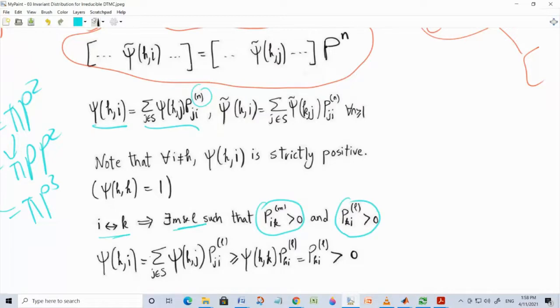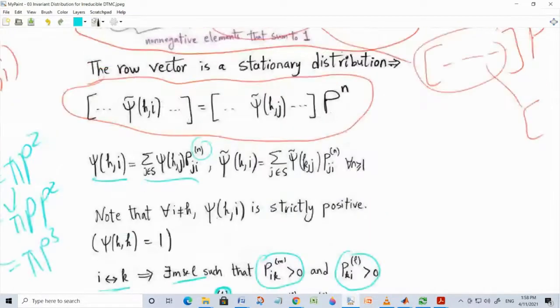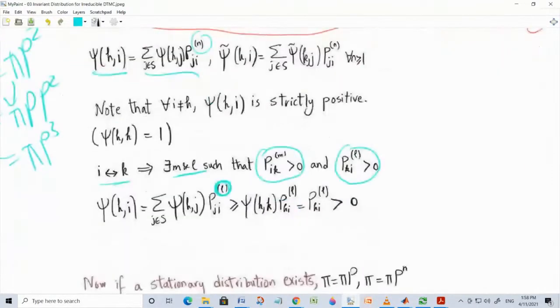Now, psi ki is equal to this summation here. Let's use l. You can use any natural number of your choice. I will use l. And this is a summation of non-negative terms, so the summation is lower bounded by one of them, and I will choose to set j equal to k.